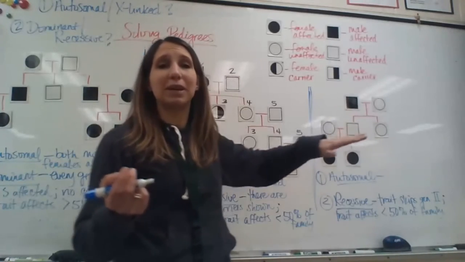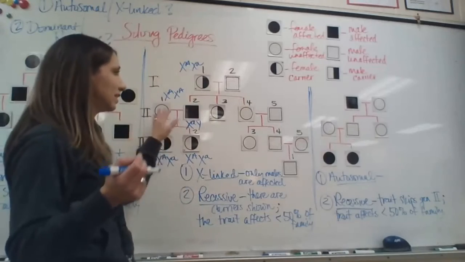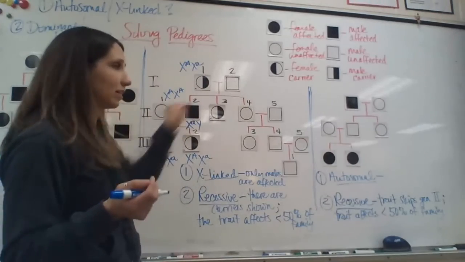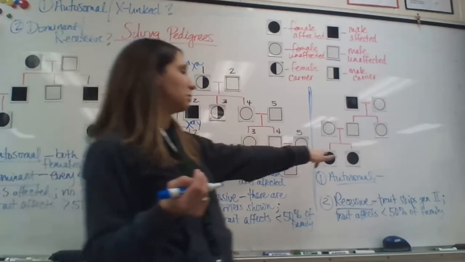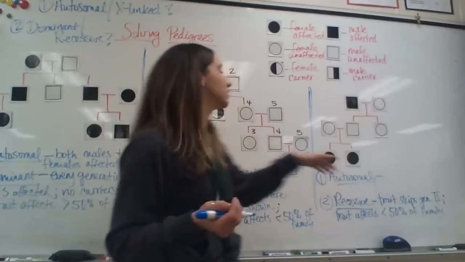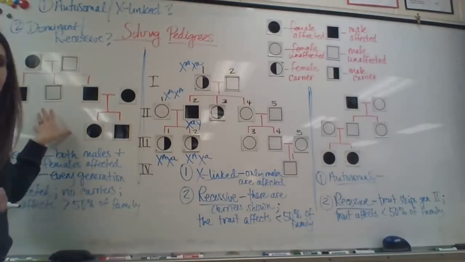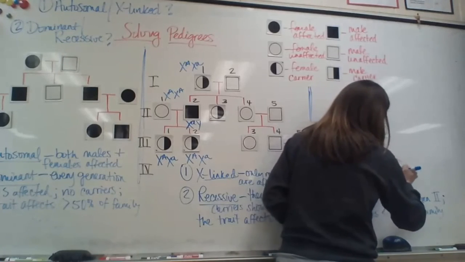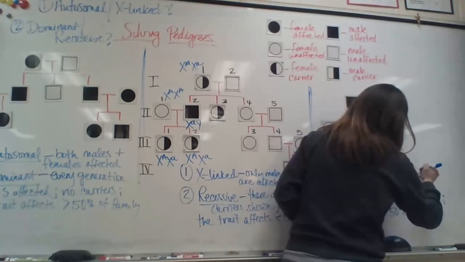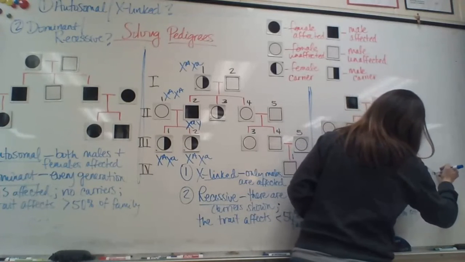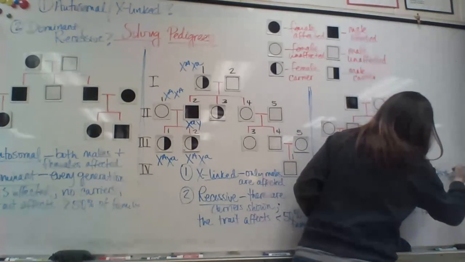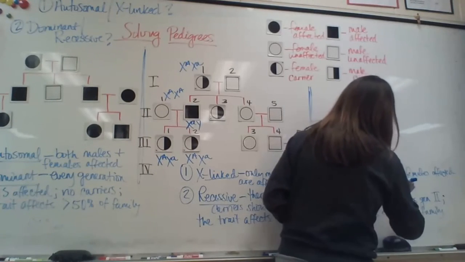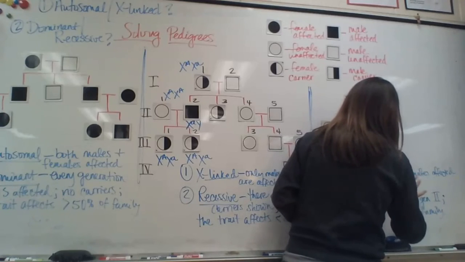And remember, if it's going to be X-linked, you want to have a scenario like this, where only males are affected and not the females. In this case, my females are outnumbering my males again, just like we saw over here in this one. So because I have more females than males affected, that tells me that this has to be autosomal. So more females affected than males.